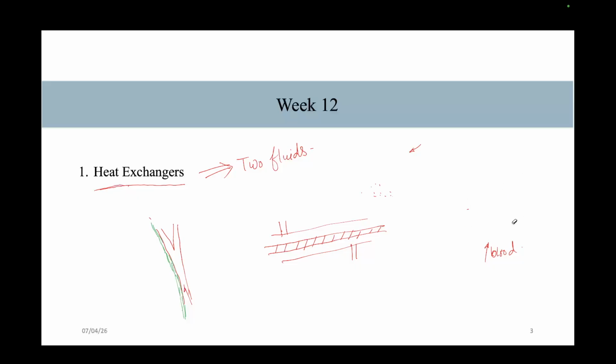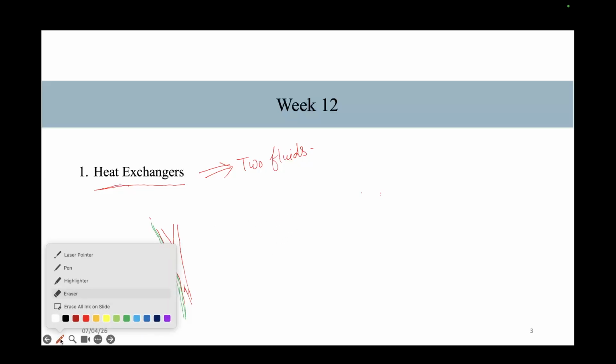In a general scenario, what is the purpose of our skin? Inside it will be hotter, outside it will be colder.